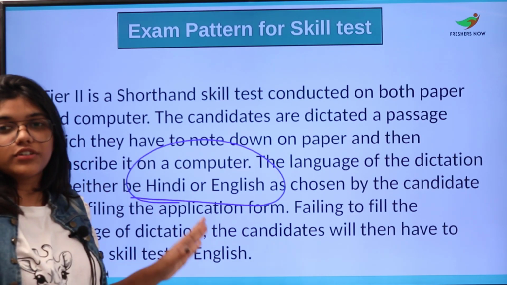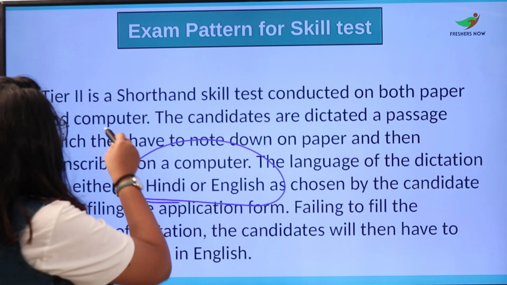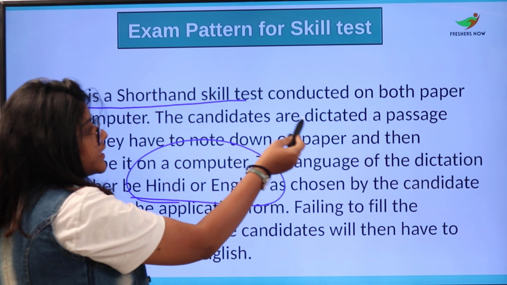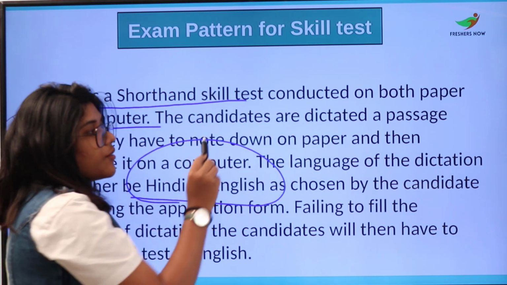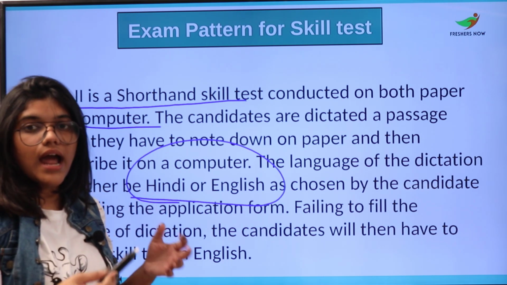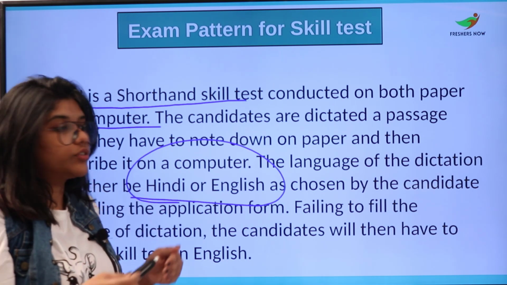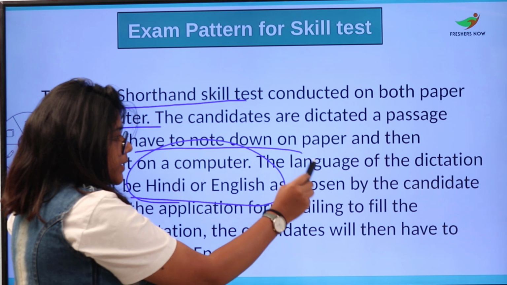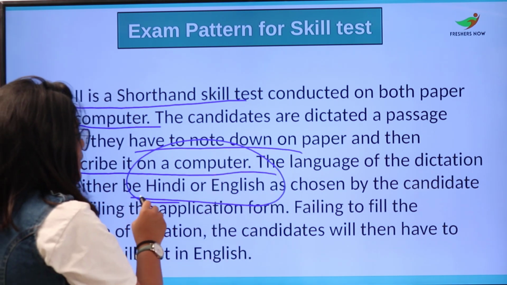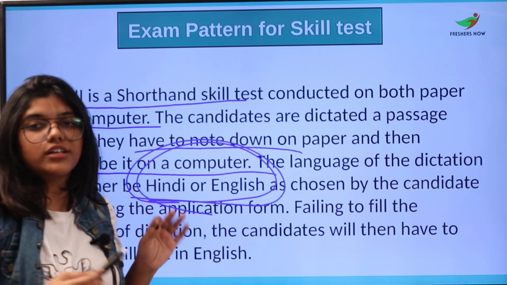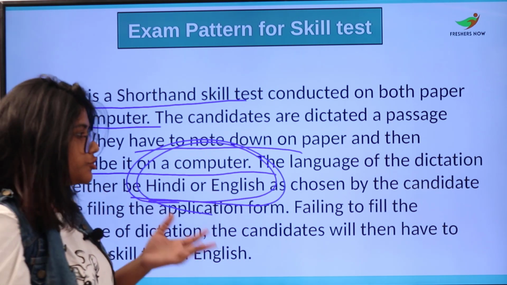The exam pattern for the skill test is as follows. Please note that the tier 2 shorthand skill test will be conducted on both paper and computer. The candidates will be dictated a passage, and the candidates have to note it down on a piece of paper and transcribe it on a computer. The language of dictation can be either Hindi or English, according to the preference that you choose.